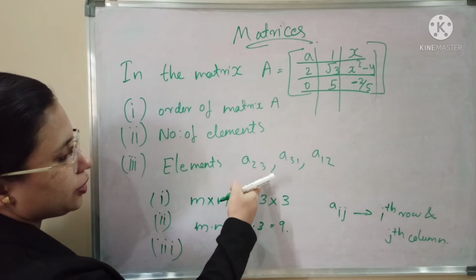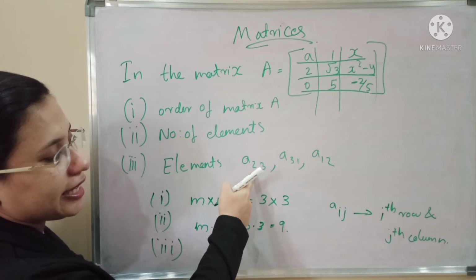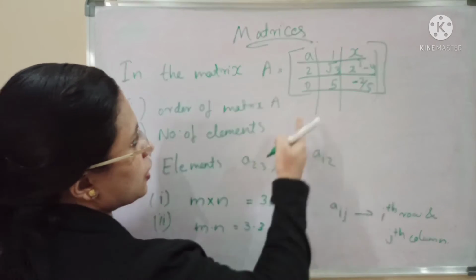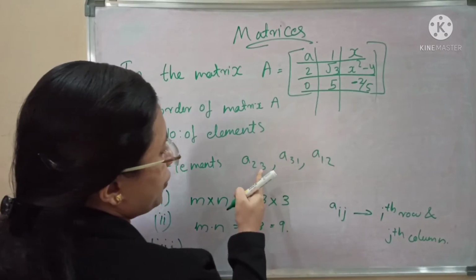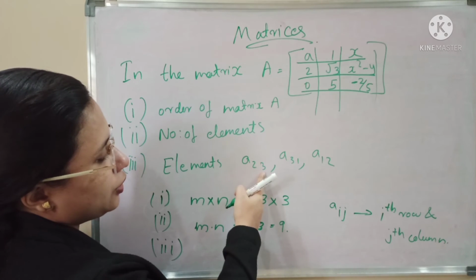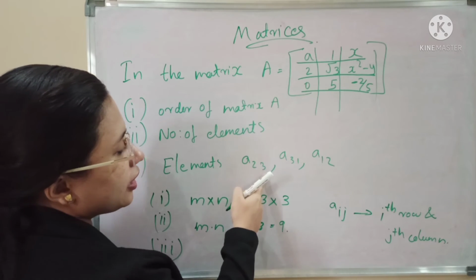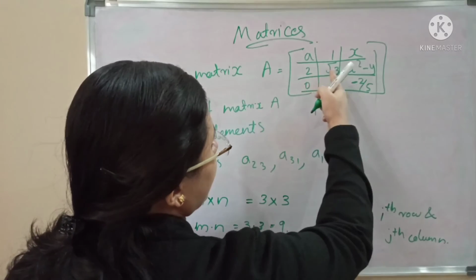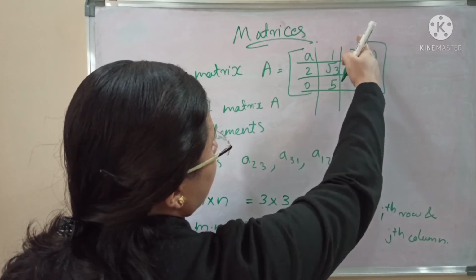So a23 means the second row and 3, that is the column number. So second row, third column.